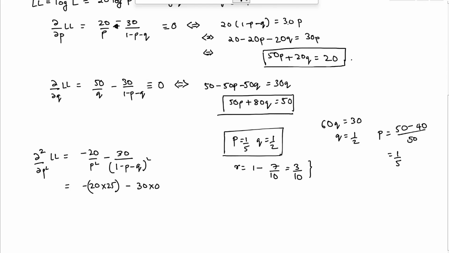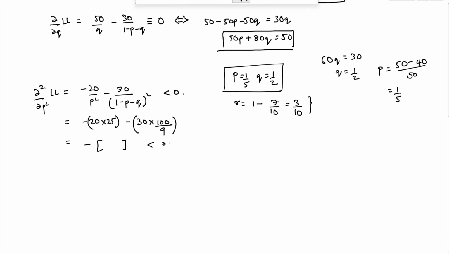So 30 into r square would be 100 by 9. Okay, in any case, we are sure that this will be negative. That is the first observation. So negative of some number, so again this is negative.